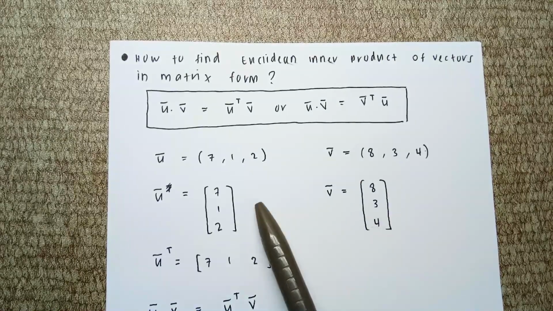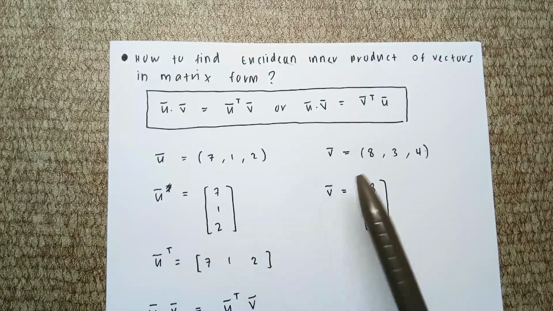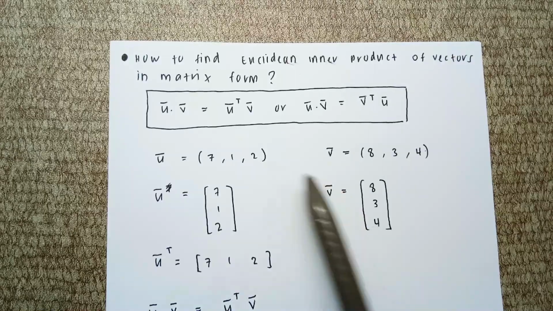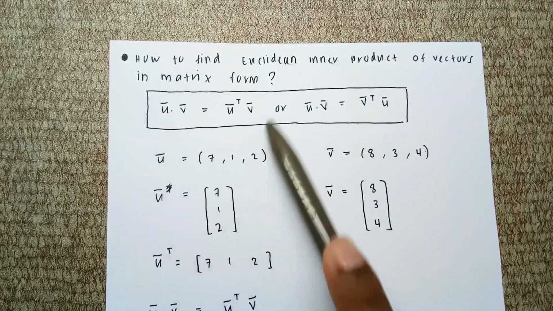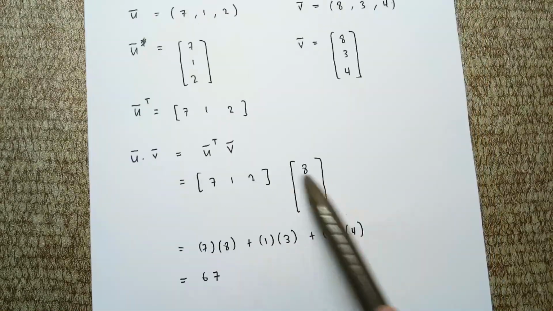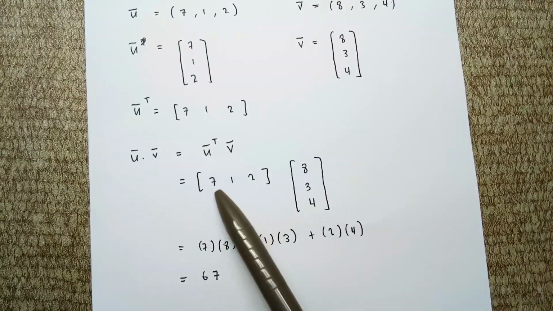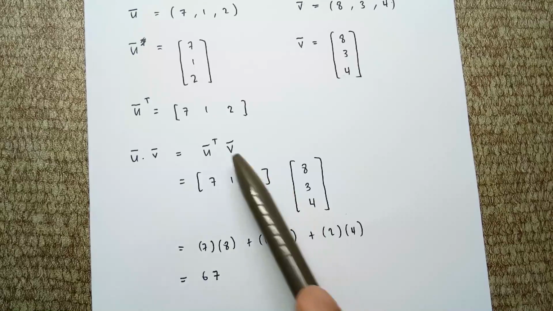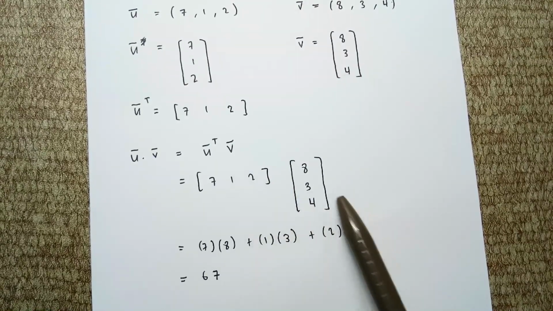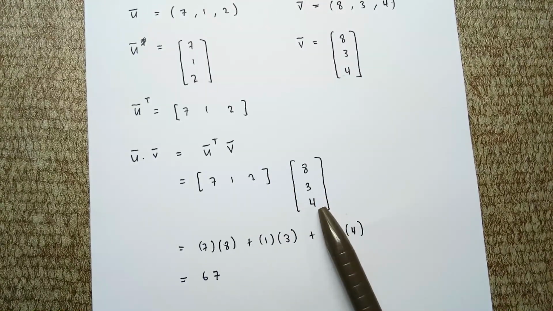So as we already have u transpose and v bar, we just need to apply this formula like this one, which is u transpose equals 7, 1, 2 and v bar equals 8, 3, 4.